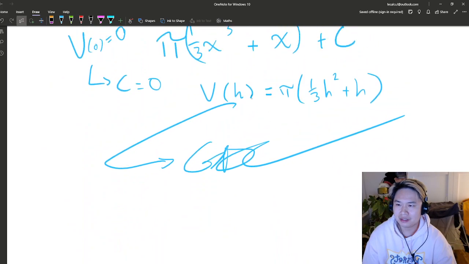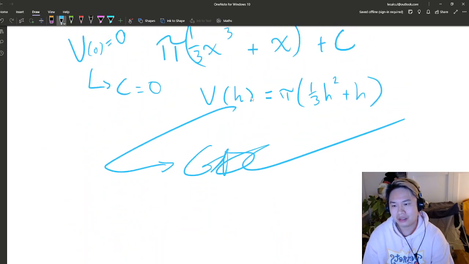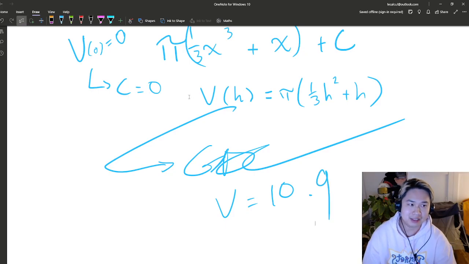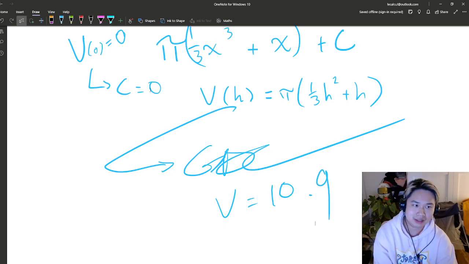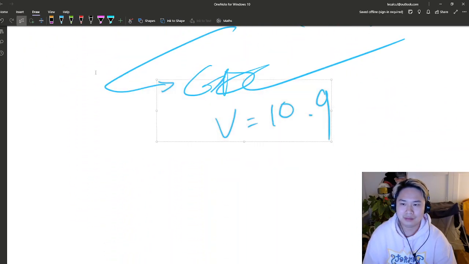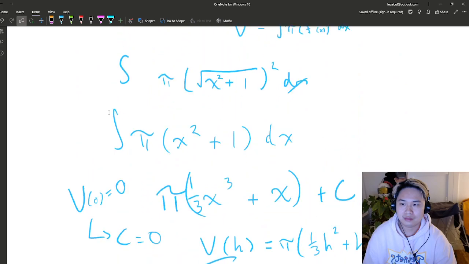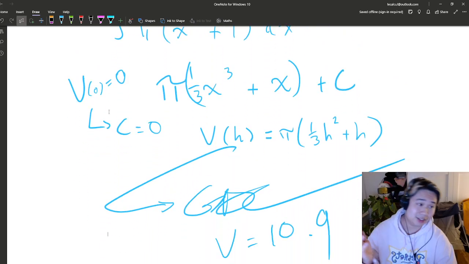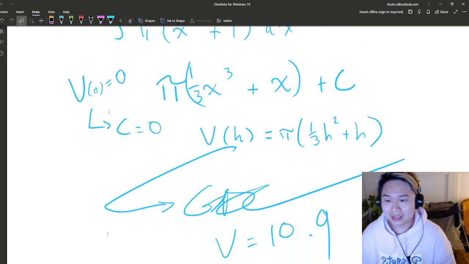Hey, didn't I find that out earlier? I forgot. Because I did basically take the integral from 0 to the max height, which should give me the max volume. Okay, sure. Oops, accidentally did the question.